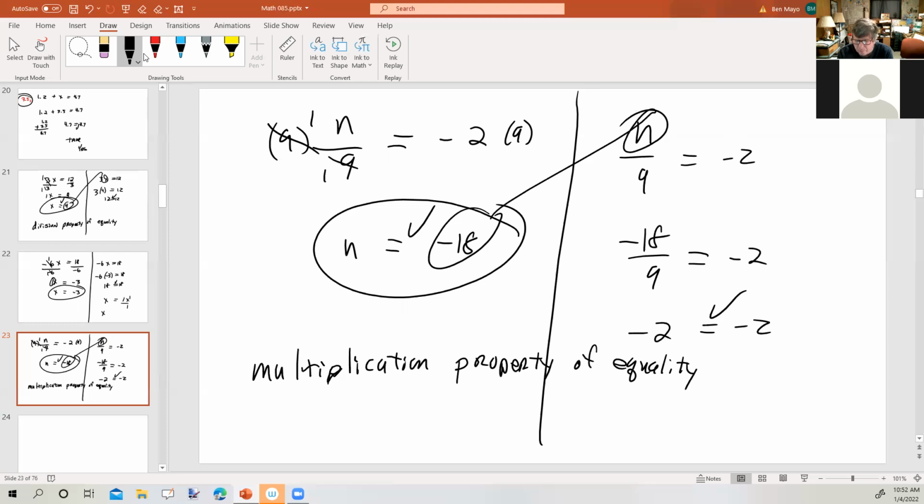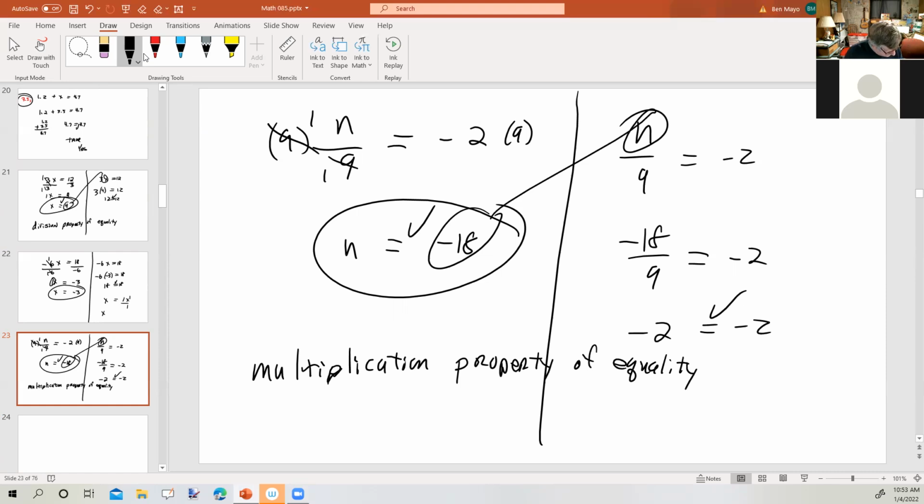The subtraction property of equality says we can subtract the same quantity from both sides of the equal sign. Multiplication property, we can multiply both sides by the same non-zero number. Division property, we can divide both sides by the same non-zero number. So we've got to be careful of that restriction involving 0.